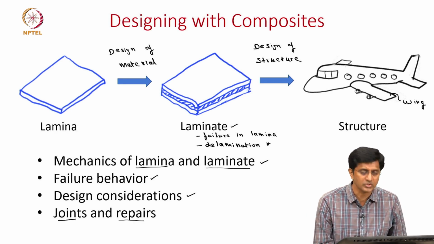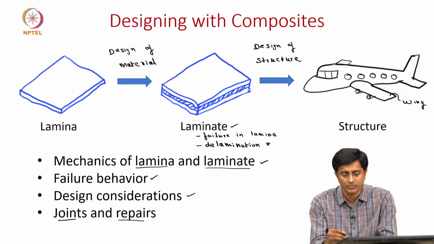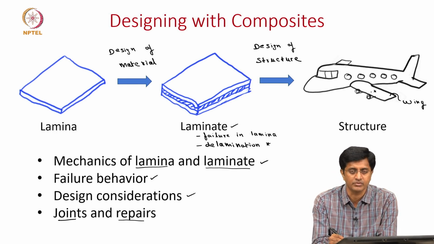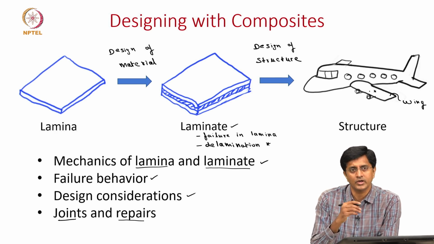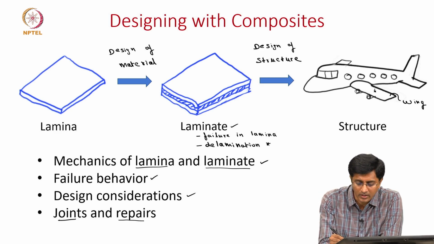And repairs also involve a design. Say someone notices a defect on the surface of the wing of the structure. Then one could say, okay, instead of replacing the whole wing, we will only patch it up, meaning we will stick a patch of composite on that place.